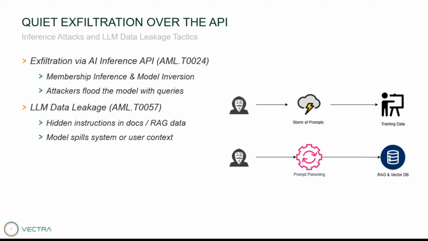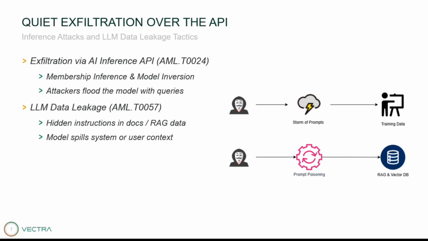First is exfiltration through the AI inference API. This is when an attacker sends a high volume of queries to the model and then watches how it responds. In some cases, they're testing it for a specific item, like a name, email, password, to see if it was part of the training set. That's known as membership inference. And in more advanced cases, they go a step further.